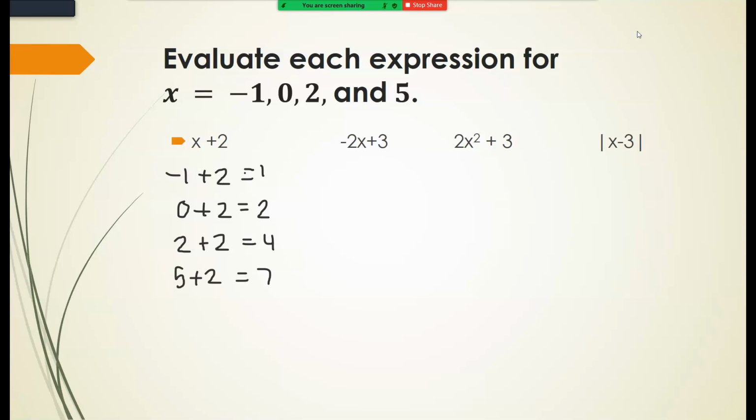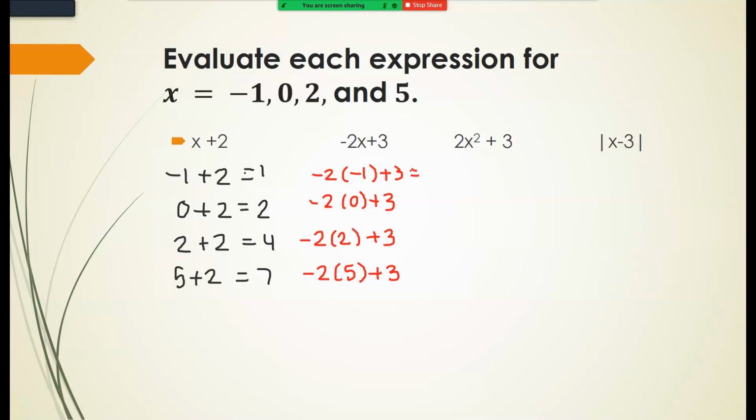In the next example, we're going to take those same values and plug them in again, but now we're plugging into -2x plus 3. So that's like -2 times -1 plus 3, -2 times 0 plus 3, -2 times 2 plus 3, and -2 times 5 plus 3.